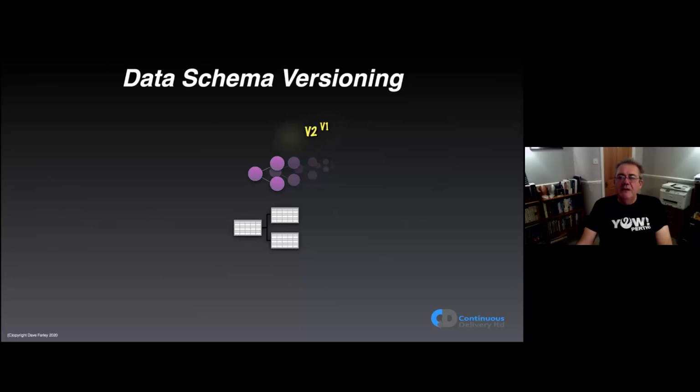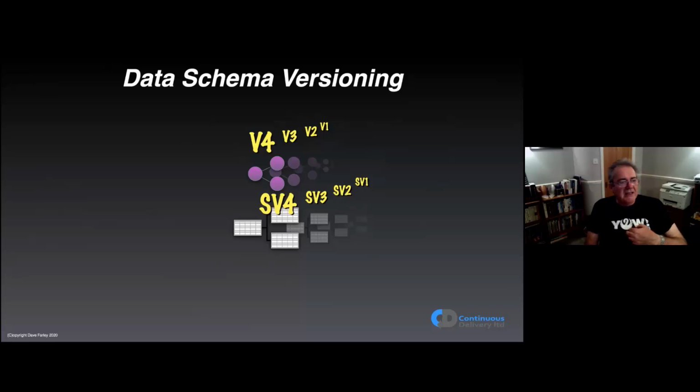And then we're going to have a series of versions of the application and a matching series of versions of the database schema, the data schema. And so we're no longer talking about schema versioning. We're starting to talk about data versioning. We can also think about the records that populate that schema.